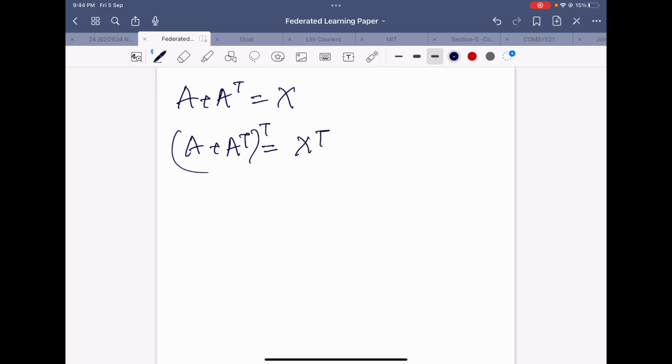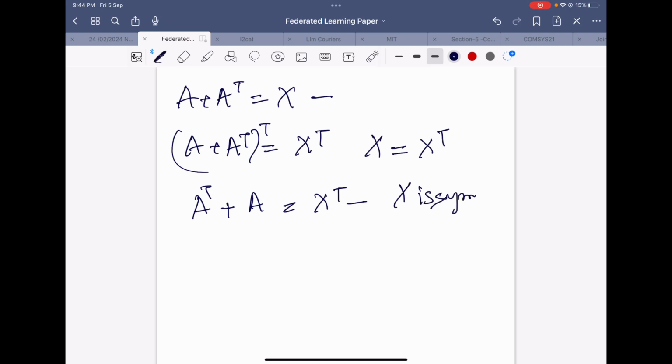And then if we simplify it further, it is A transpose plus A is equal to X transpose. So if you look at X and if you look at X transpose, they are both the same. So X is equal to X transpose. Thus X is symmetric, which means that 1/2 of A plus A transpose is symmetric.